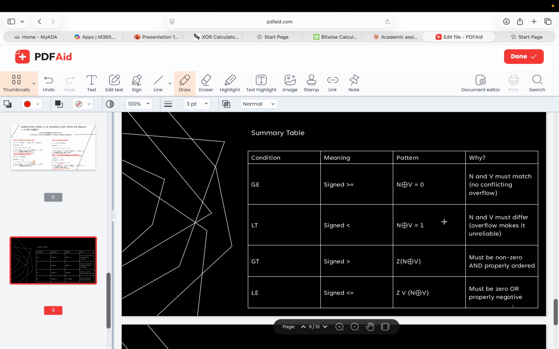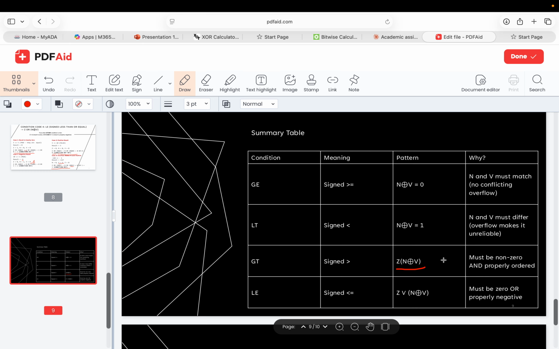The third one is greater than. In this case, Z should be 0, and N XOR V should also be 0, which means Z and N XOR V should be properly ordered and must be not 1.